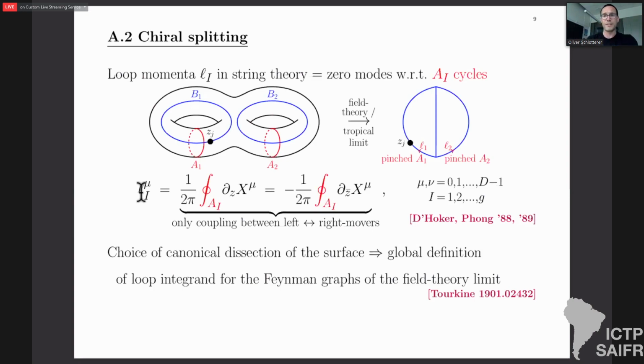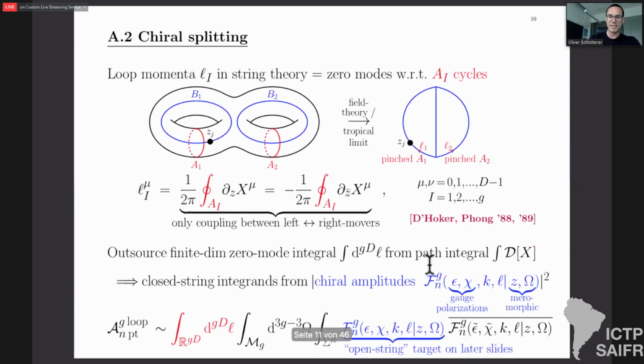Let's outsource this finite dimensional loop integral from that big path integral that defines the correlation functions. So all the integrand results that I will state are tailored to the so-called chiral amplitude, here denoted by this calligraphic F, indexed by leg order n, loop order g. And this is really an open string quantity. It's evaluated at fixed loop momentum, all the simplifications being carried out at fixed loop momentum.